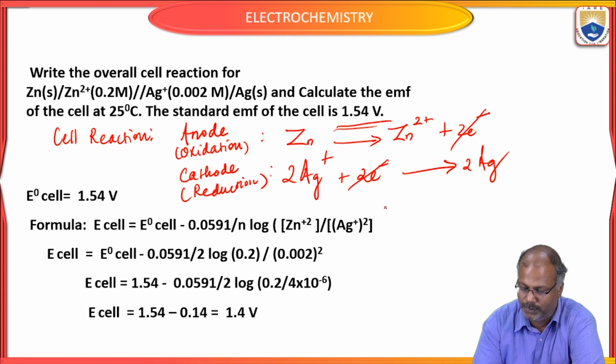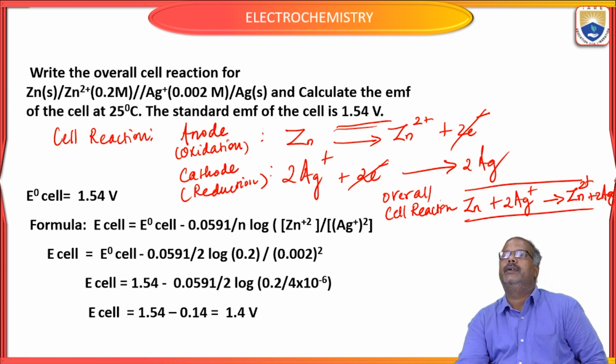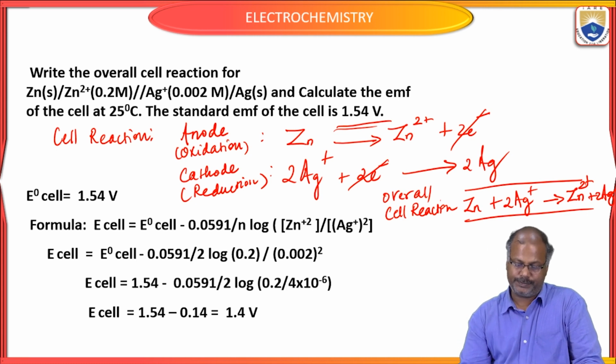Now overall cell reaction is zinc plus 2 Ag plus gives Zn 2 plus 2 Ag. Okay, this is the overall cell reaction.